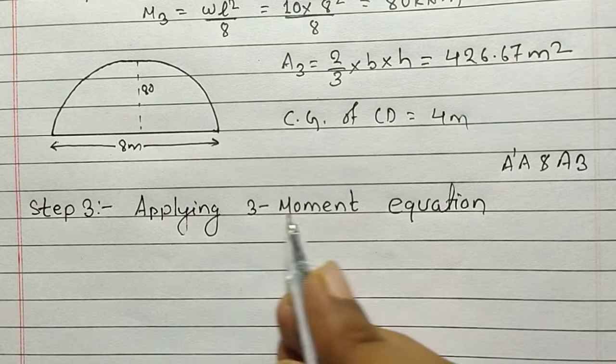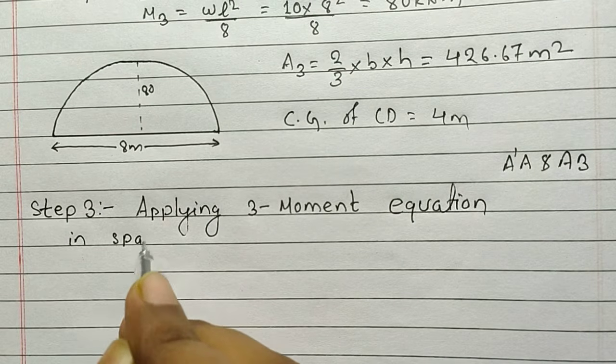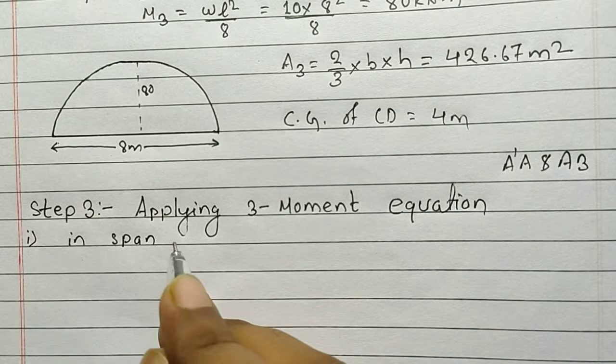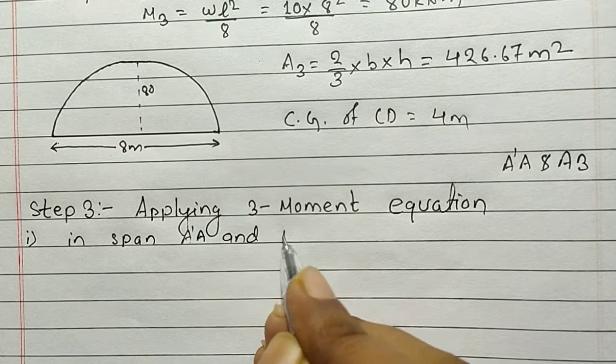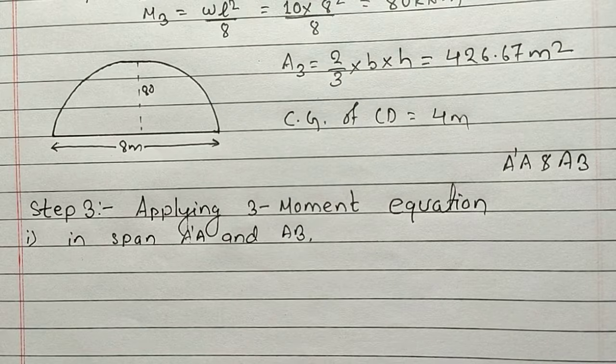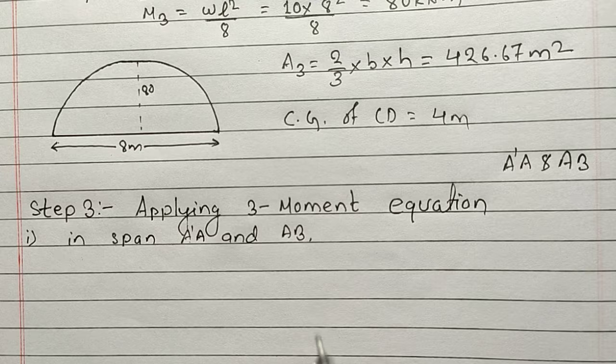Now let us apply the three moment equation for span A dash A and AB. So applying the three moment equation in span A dash A and AB, we will be using the formula for EI constant and no settlement, that is, the support does not settle.